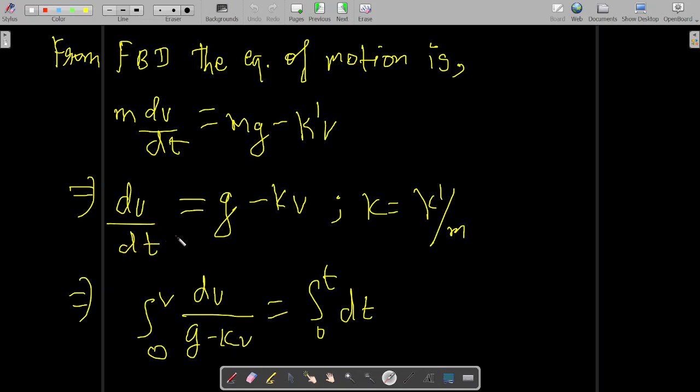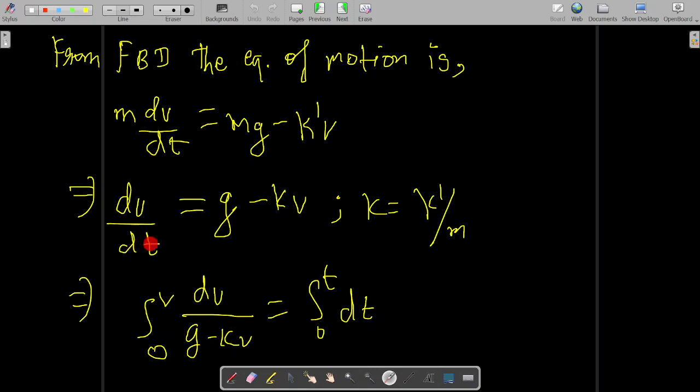Basically this dt will go to the right hand side, and this g minus kv will come on the left hand side. So integration 0 to v dv divided by g minus kv equals integration 0 to t dt. This is the expression which you will get from here.